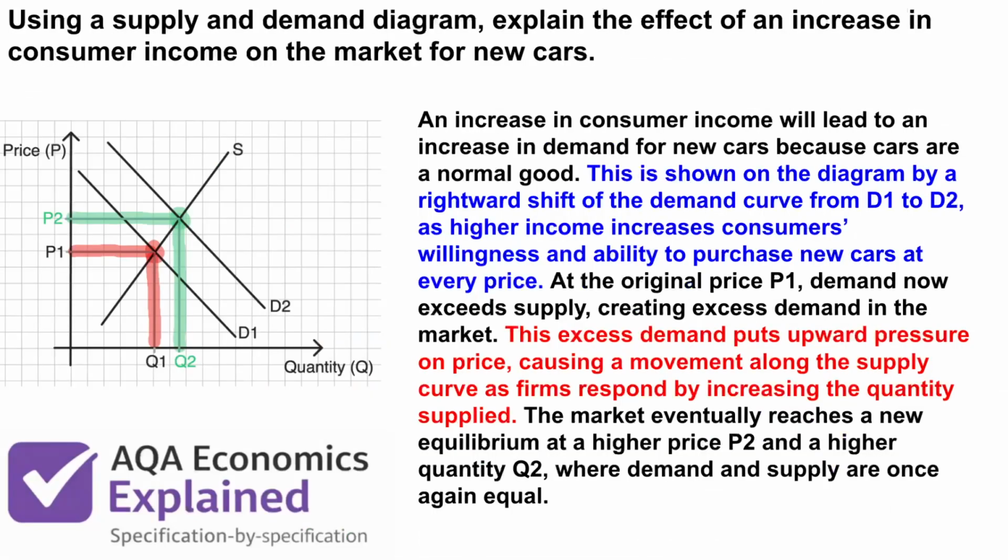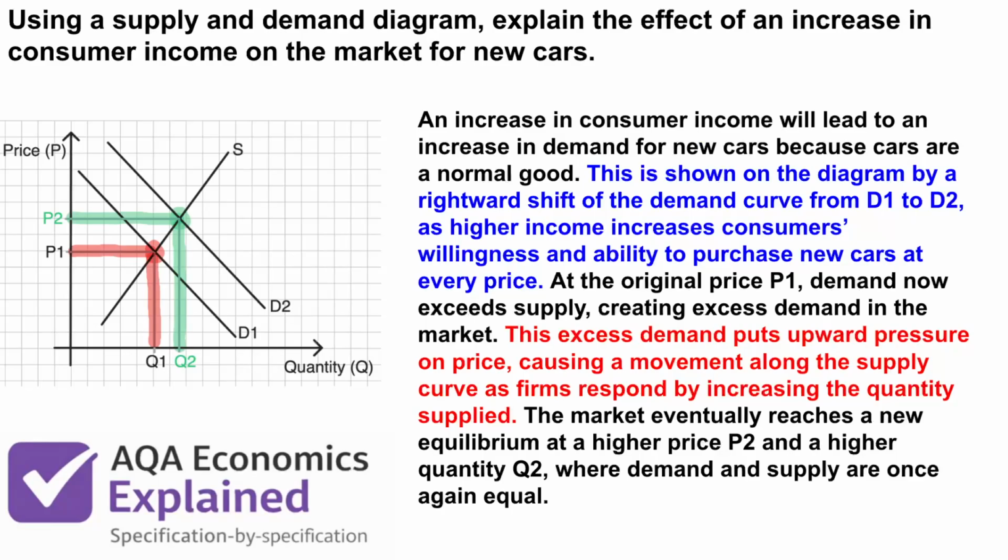So our final answer is, an increase in consumer income will lead to an increase in demand for new cars, because cars are a normal good. This is shown on the diagram by a rightward shift of the demand curve from D1 to D2, as higher income increases consumers' willingness and ability to purchase new cars at every price.